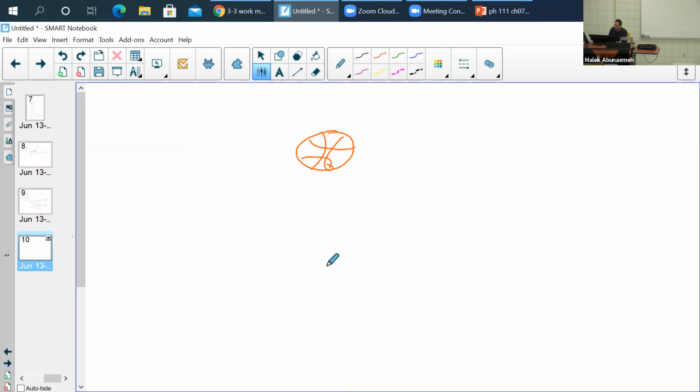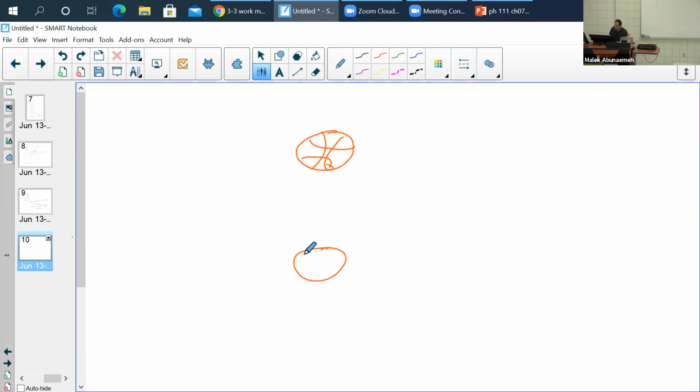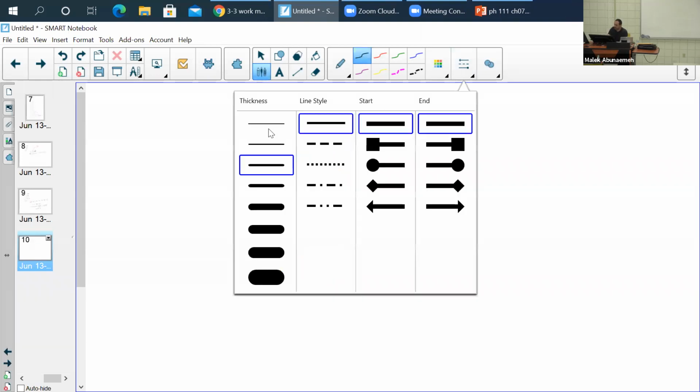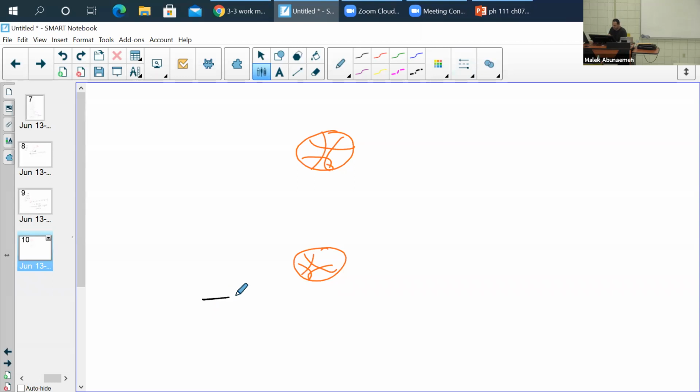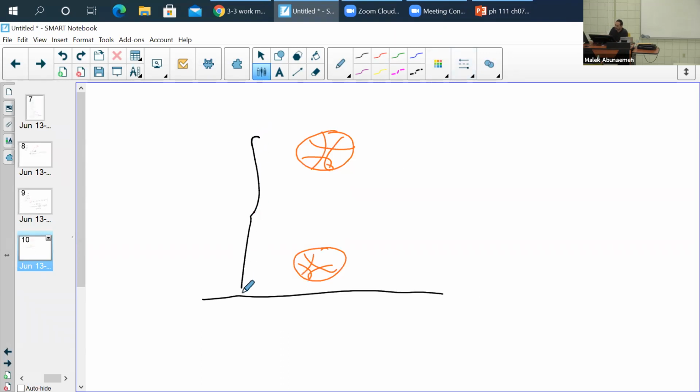You go and you drop it. And let's say this is the floor, right before it hits the floor. So let's call this your initial height, which makes this your final height.